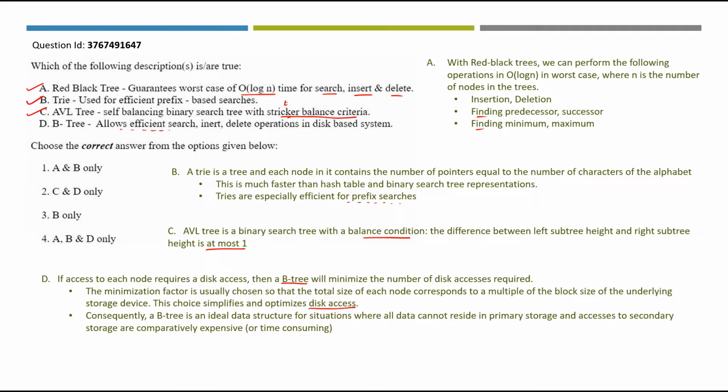When they say it optimizes disk access or minimize the number of disk accesses, that is what we can equate to efficient search. Consequently, a B tree is an ideal data structure for situations where all data cannot reside in primary storage and accesses to secondary storage are comparatively expensive or time consuming. So definitely D is also true.